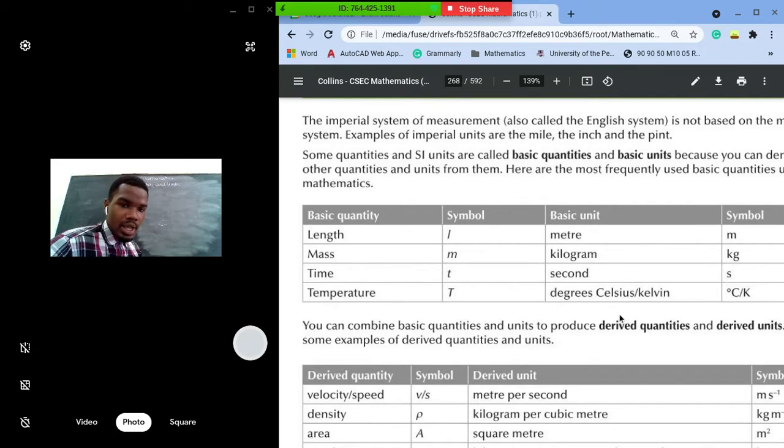Okay, good. Now, in quantities, you use symbols again. So to represent length, you're going to use the symbol l, which is self-explanatory, the first letter of length. It's not a capital L, it's a small l. And the distance is covered in the basic unit of meter.